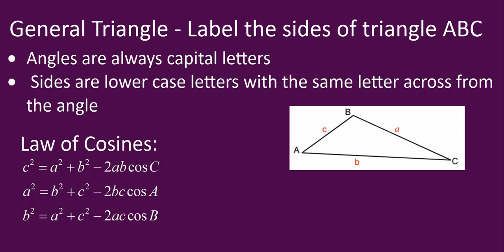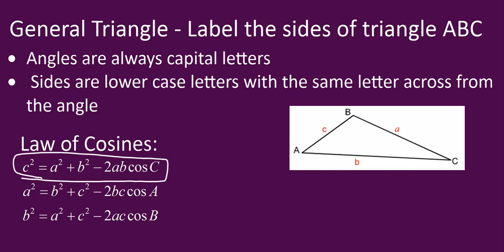Alright, law of cosines. There are three different versions, but honestly, I just look at one version and consider it all versions. Typically, on a formula page, I will only put this one on, and I will just consider that the C could be any angle or any side.